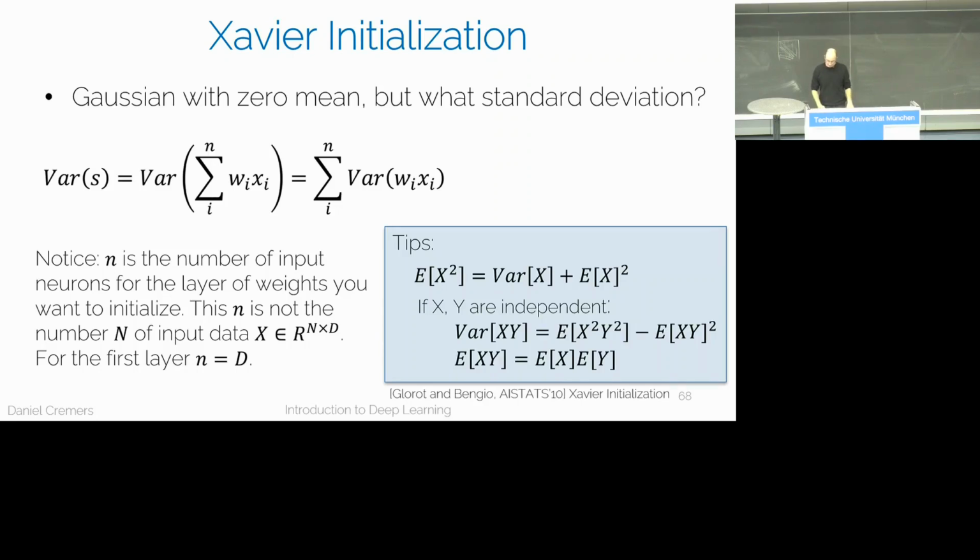This is something you can also go on Wikipedia and you find general rules. What is the variance, right? The variance usually measures how the values are spread around the mean. So you have the mean. The mean is the expectation of x. And then the variance is how much it spreads around the mean.